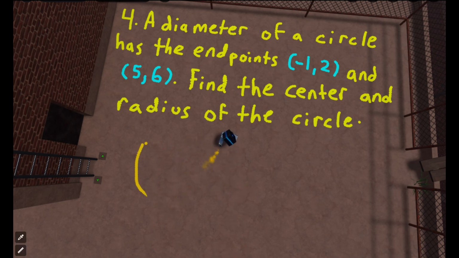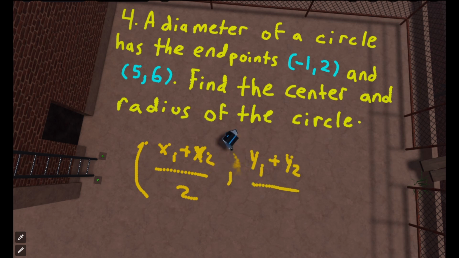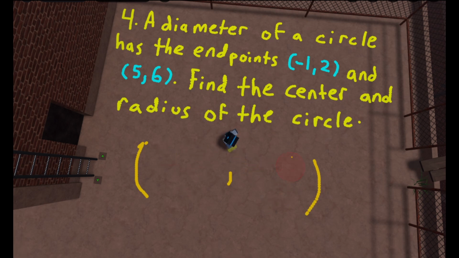Remember, the midpoint between any 2 points is (x1 plus x2) divided by 2, (y1 plus y2) divided by 2. So let's just put in numbers to find the center of this circle. So for the x-coordinate of the center of the circle, we're going to have -1 plus 5 over 2.